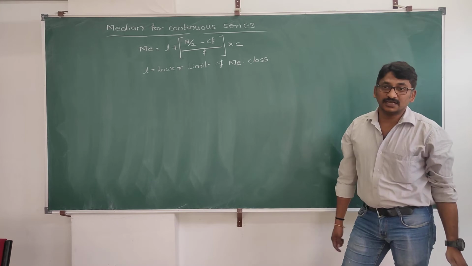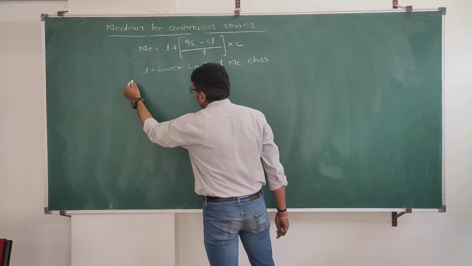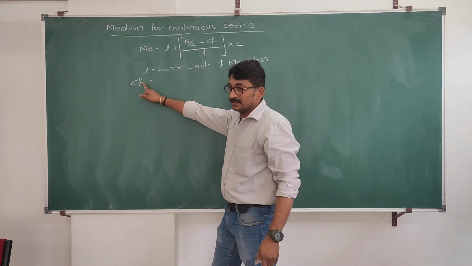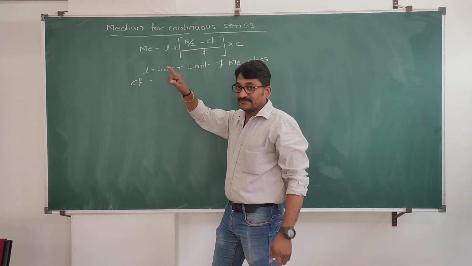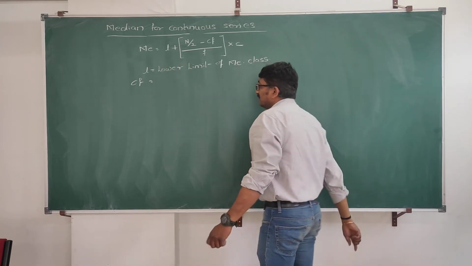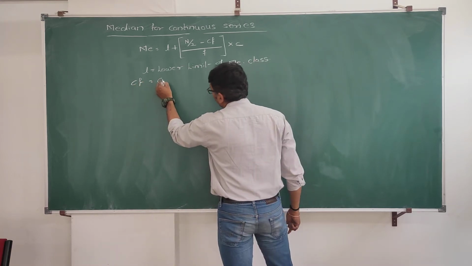Lower limit of which class? Median class. Okay. Next term is CF. Here we use small letters, because for correction factor we have used capital letters. This CF is nothing but cumulative frequency.